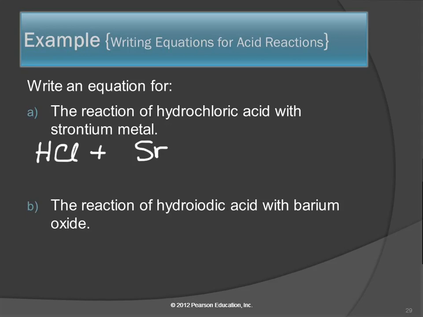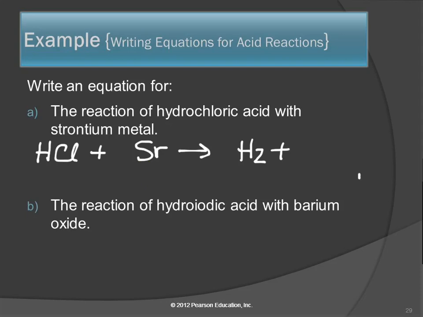So these are going to react, and what did the pattern tell us they will produce? Hydrogen gas and salt. So we're going to get hydrogen gas, H2, and so that's where the H's go. And what we've got left is chloride ion and strontium as an ion.